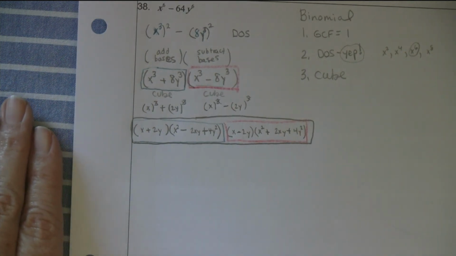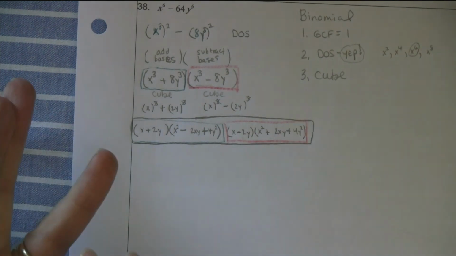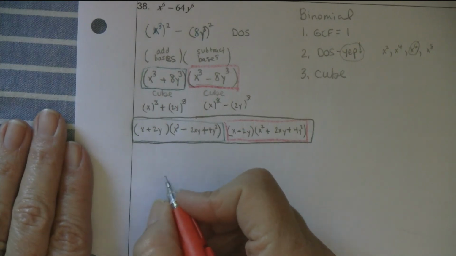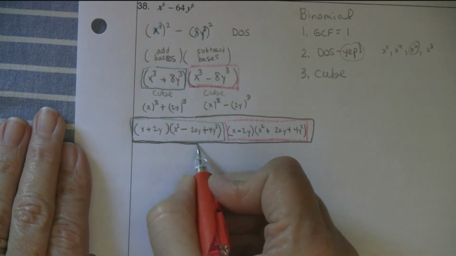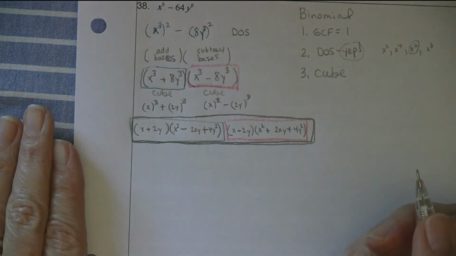The back of the book might leave it there, or they might say, you know, binomials to the front and trinomials to the back, and then rewrite it. I actually have looked, and a lot of books do rewrite it with binomials in the front and trinomials in the back, and your book did not. They just left it like that.